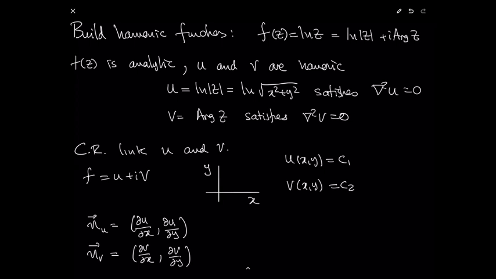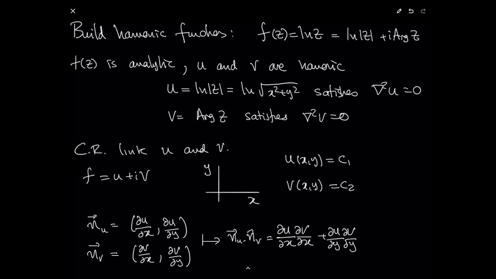Okay? Now let's take the dot product of these two things. Let's do n u dot n v. If I do the dot product, what do I have? I've got du dx times dv dx plus du dy times dv dy.